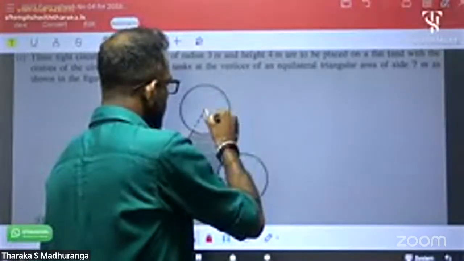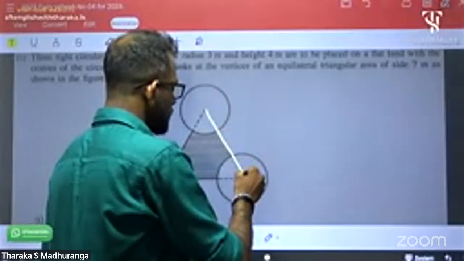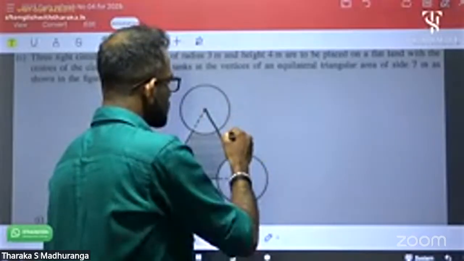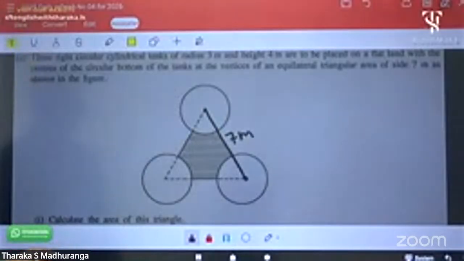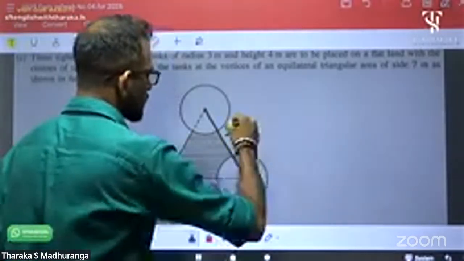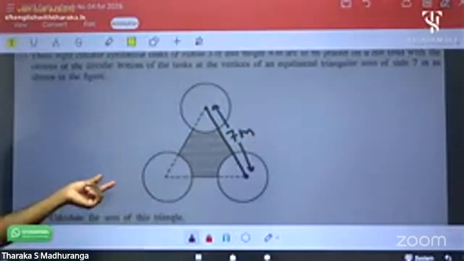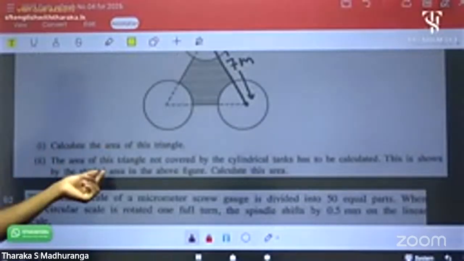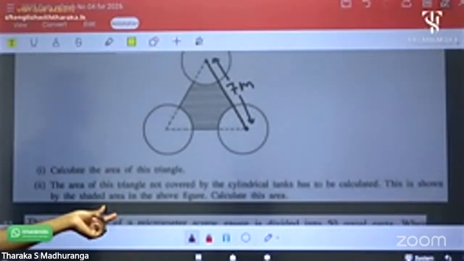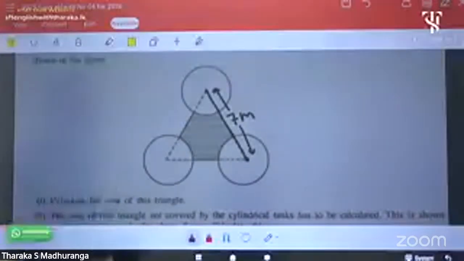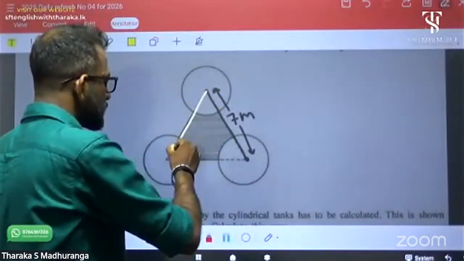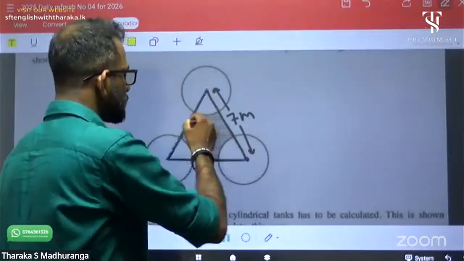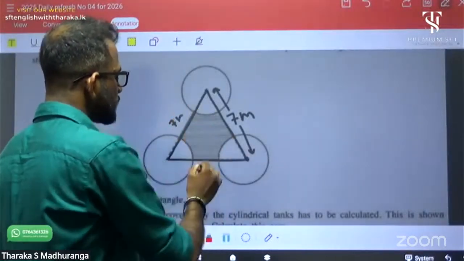This is an equilateral triangle with side length 7 meter. Okay, calculate the area of this triangle. It is an equilateral triangle: 7 meter, 7 meter, 7 meter.